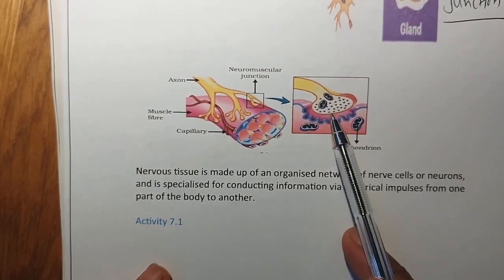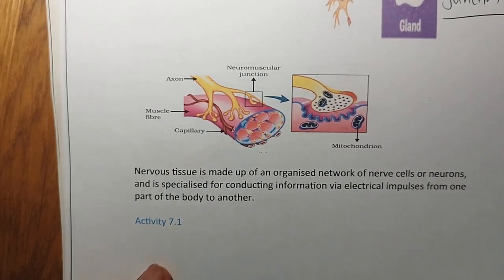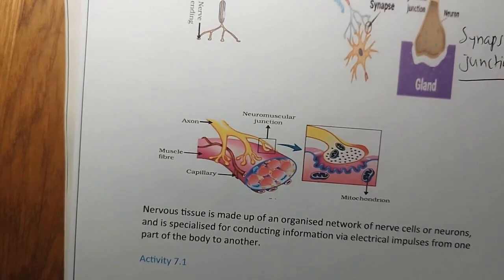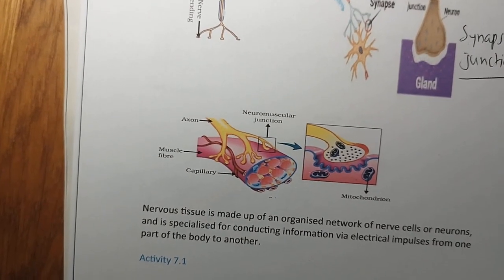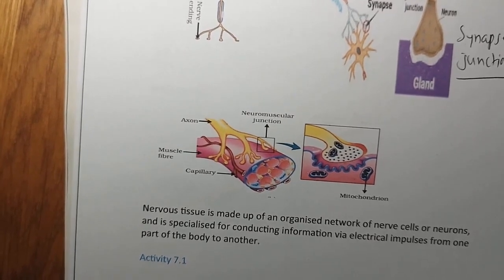Neuromuscular junction, NMJ. So that's the basics of these junctions. You don't need to go into more details of these neuromuscular junctions or neuronal junctions.